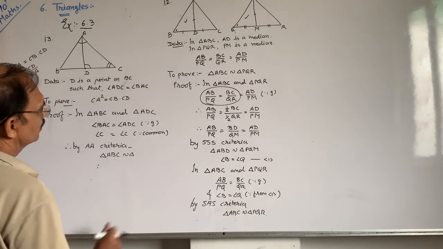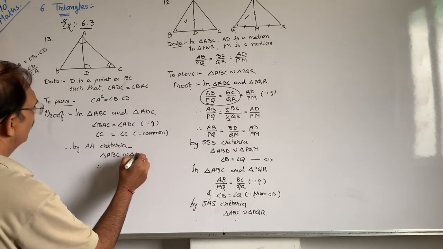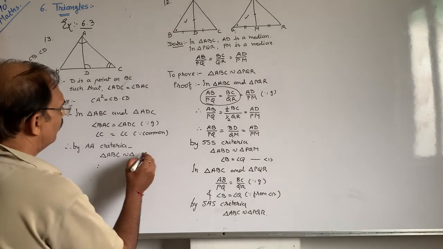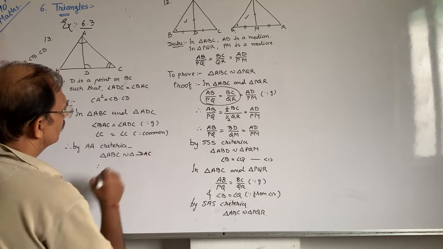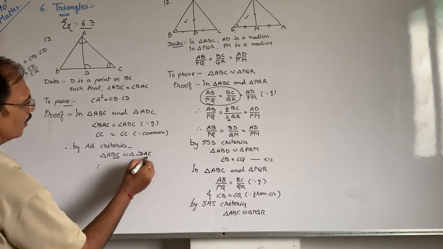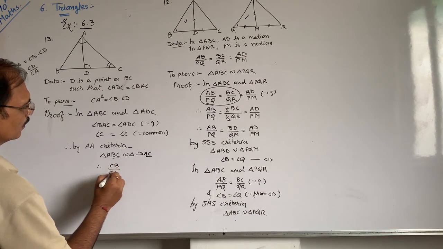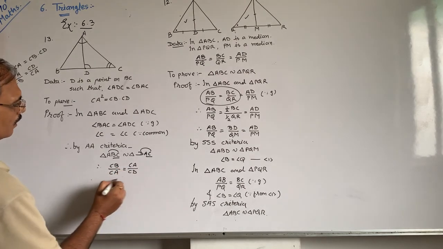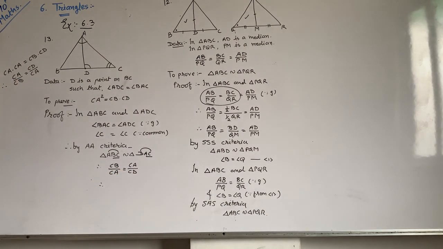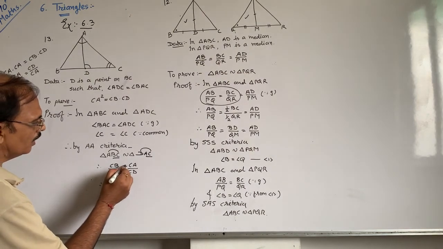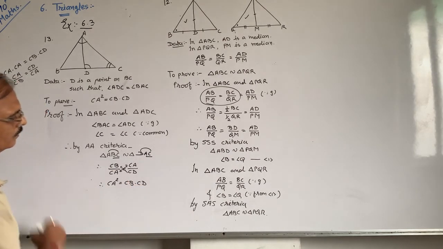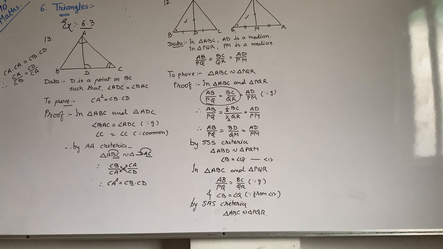So this will be CB upon CA, that equals CA upon CD. Sides are in the same proportion. Now take cross multiplication: CA into CA, CA square equals CB into CD. This is proved. So write down this 13 number.